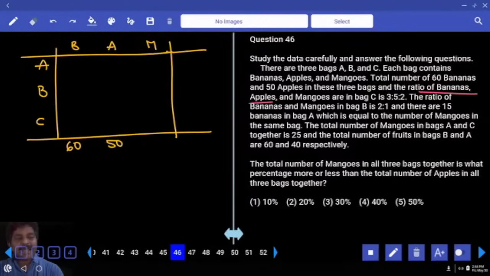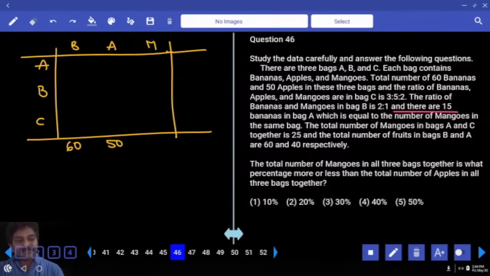Banana, apple, mango in bag C are in the ratio 3:5:2. I don't want to write the ratio. Leave it. The ratio of bananas and mangoes in B is 2:1. Here also ratio. Leave it.